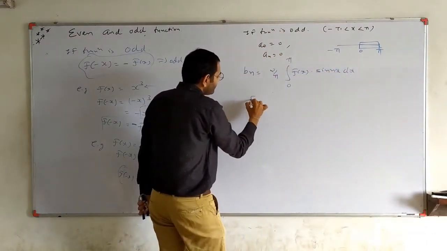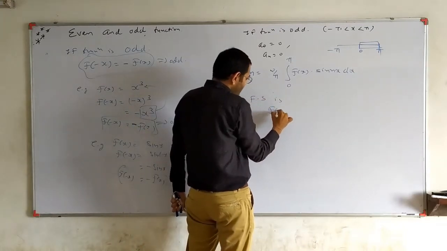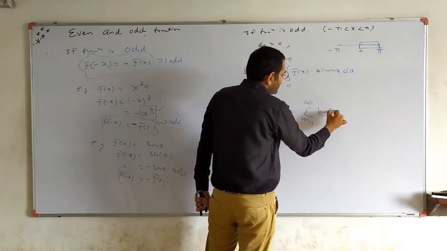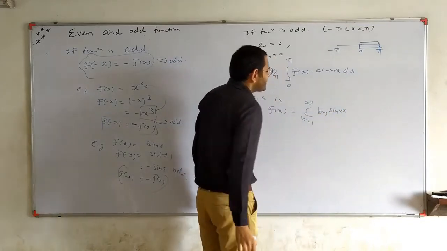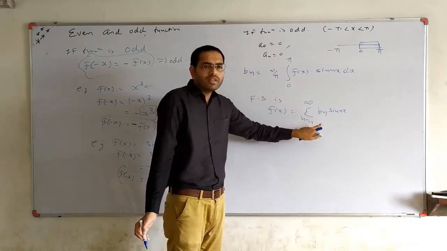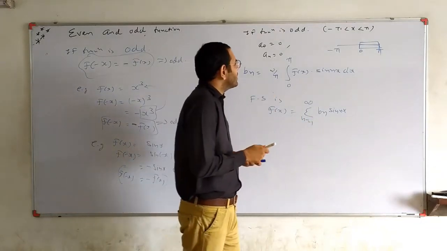And the Fourier series is f of x equal to summation n equal to 1 to infinity of bn sin nx. Just find the value of bn, substitute the value of bn in this equation, then we get the Fourier series.